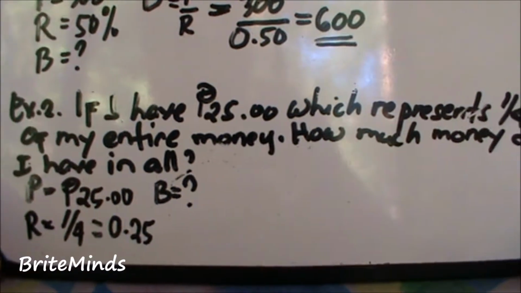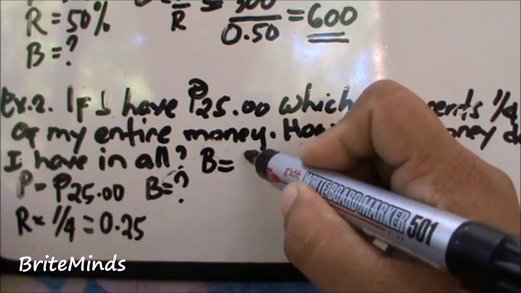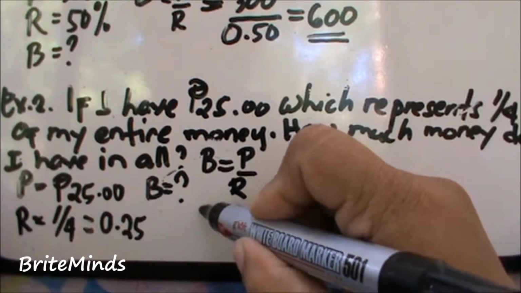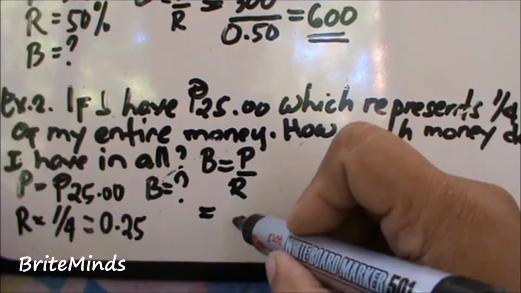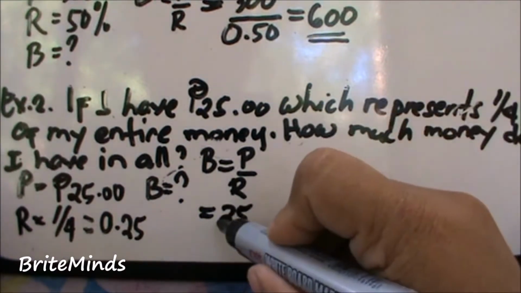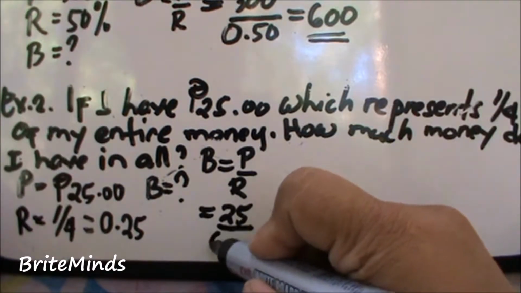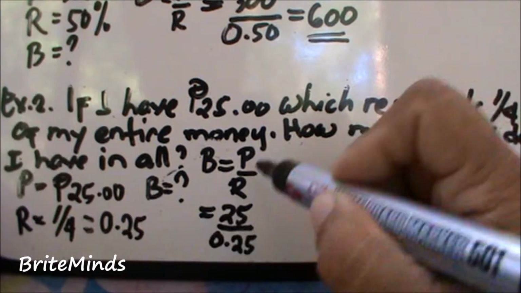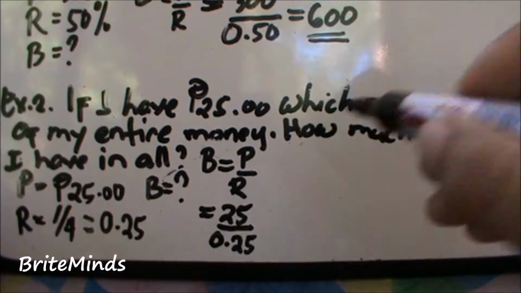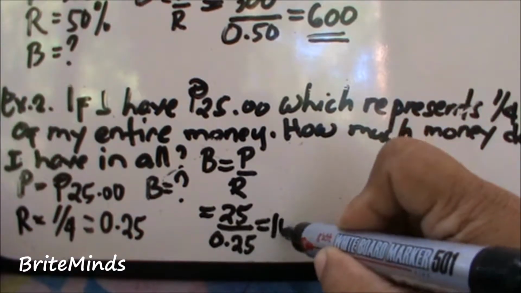So I'm going to use our formula, which is base equals P over R. P is 25 divided by 0.25. So the answer will be, get your calculator guys, 100.